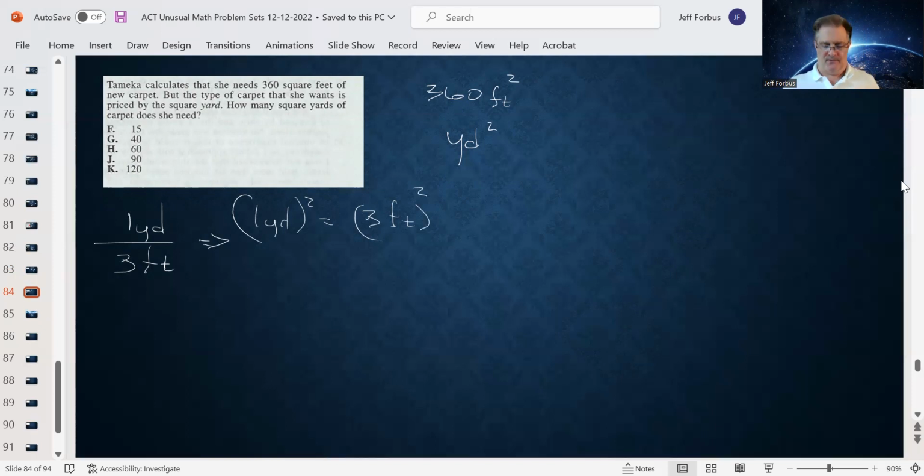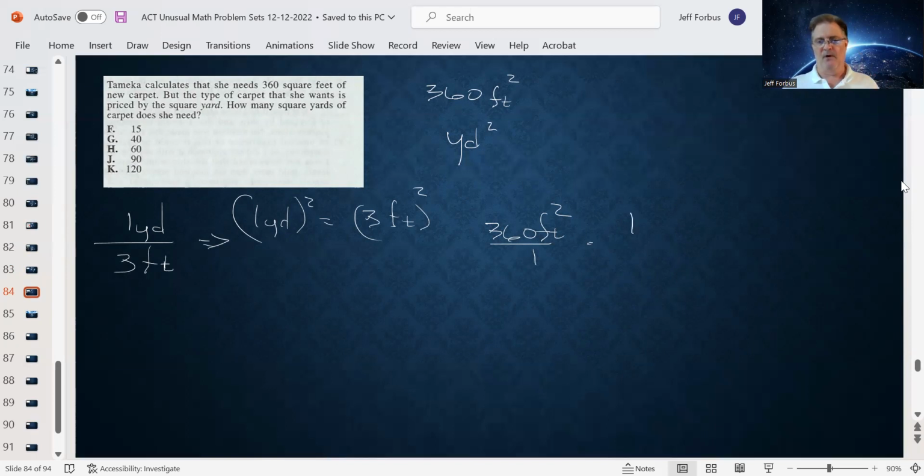Now I've squared both. Now let's do the math. We have 360 feet squared over 1. We're going to multiply that by the conversion factor to get it into yards.